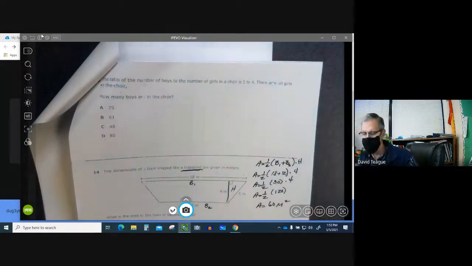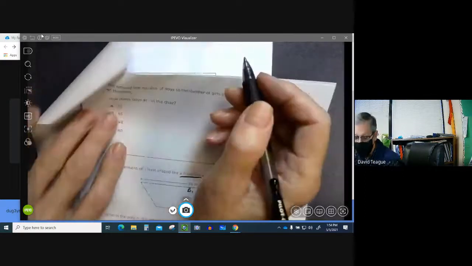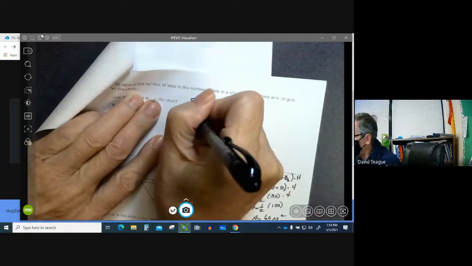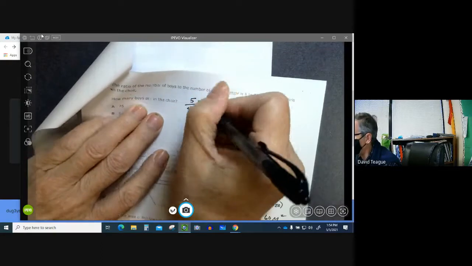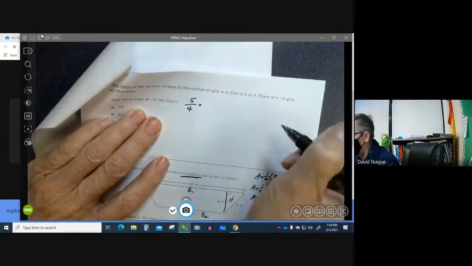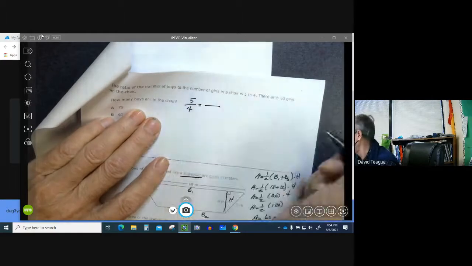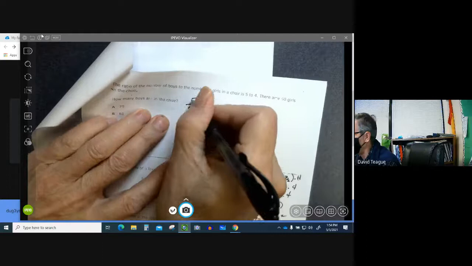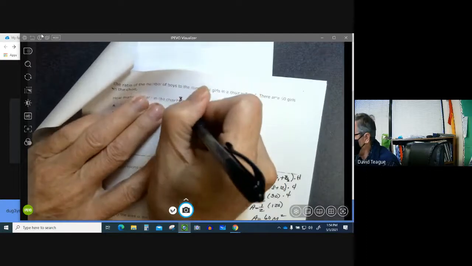Okay, so a ratio is a relationship, right? If your ratio is 5 boys to 4 girls, I want to find an equivalent fraction that has 60 down here, because this is boys, this is girls.